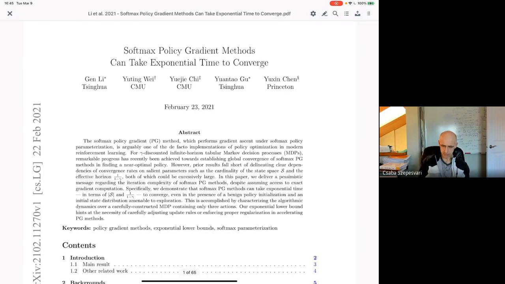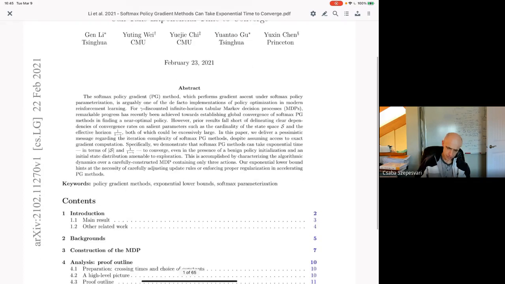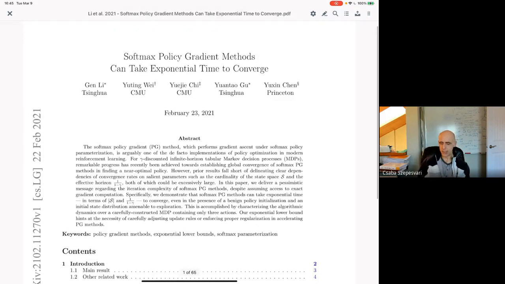It's a bunch of people: Gen Li, Yuting Wei, Yuejie Chi, Yuantao Gu, and Yuxin Chen. They took the burden of looking at softmax policy gradients.